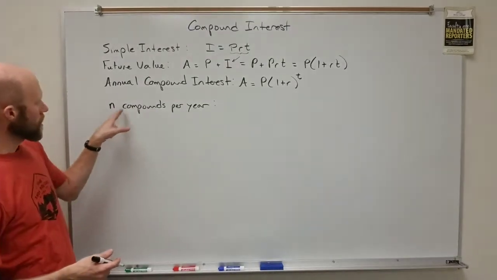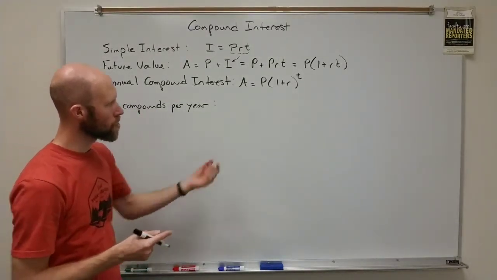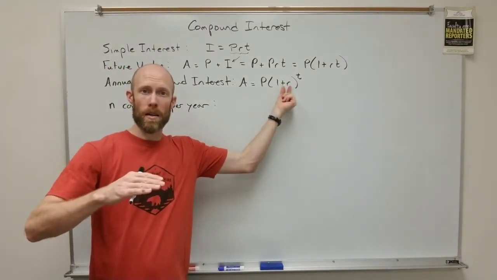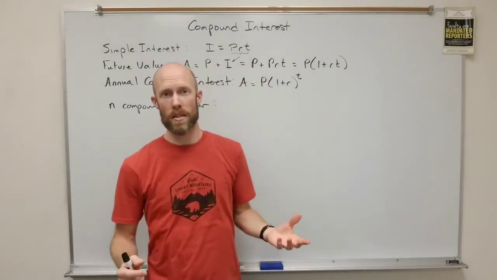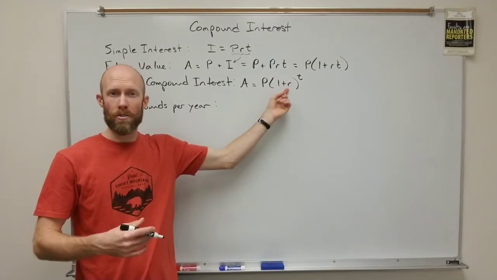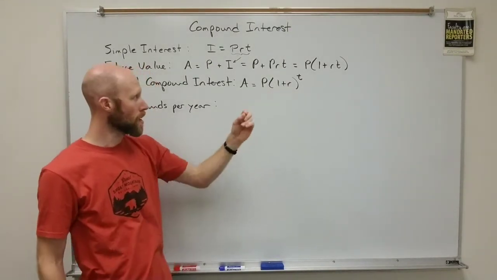So if it's N compounds per year, then what you have to do is take the annual interest rate, cut it down by that number of compounds. So say it's monthly compounding, then you would have to take 1/12 of the interest rate and apply it each month, okay?